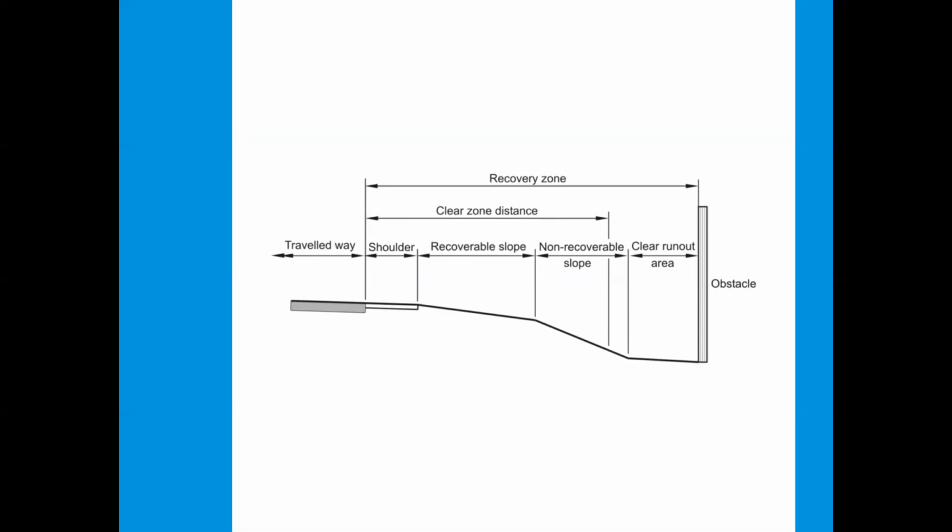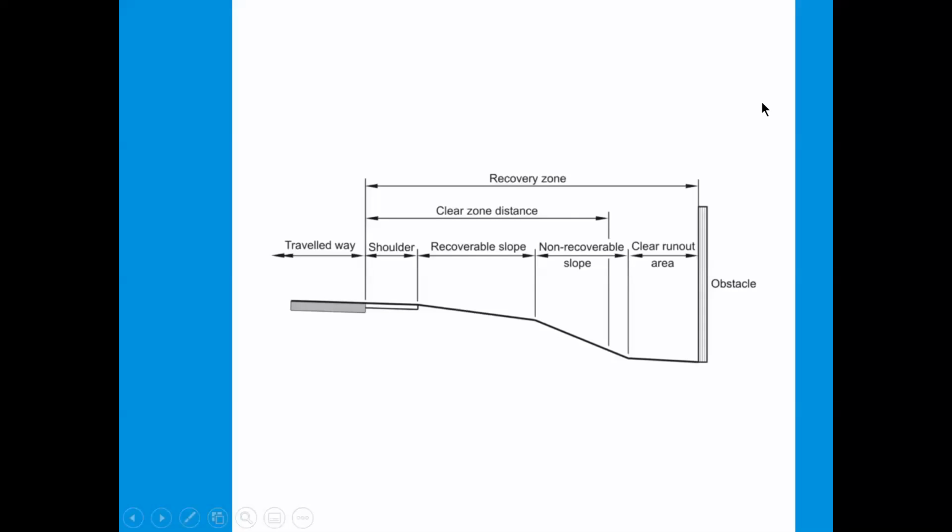Non-recoverable slopes may be traversable, but a vehicle will continue to the bottom. A clear run-out area is located at the toe of a non-recoverable slope and is available for safe use by an errant vehicle. There is also provision for a smooth transition between slopes to allow the safe passage of vehicles.